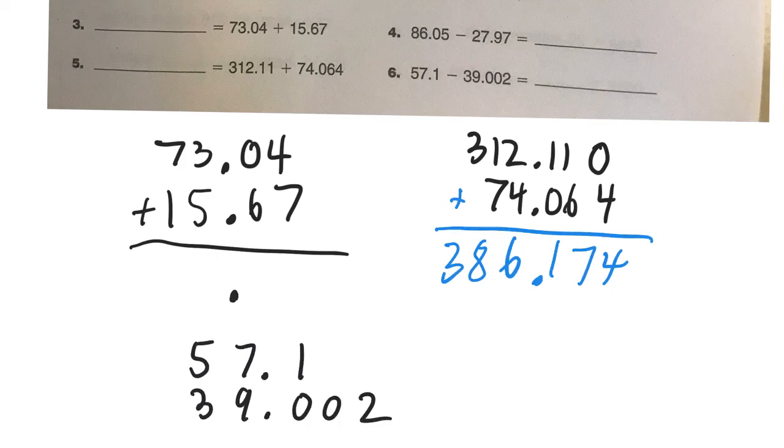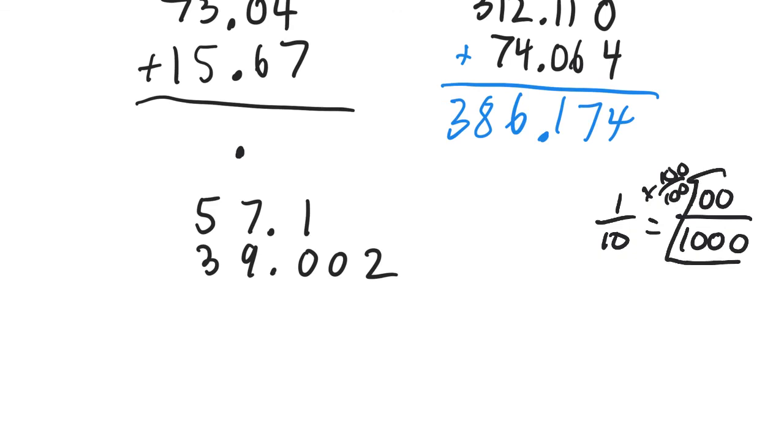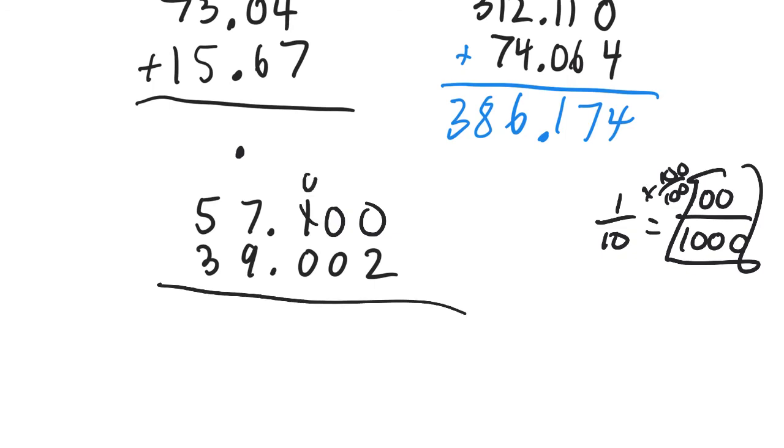The problem here is that we don't have enough places, but 1/10 is equal to 100 thousandths. We know that because if you multiply by 100 over 100, that's what you would get, right? So 100 thousandths is equal. I can just add those, and now take this tenth, and I think we're okay to go.